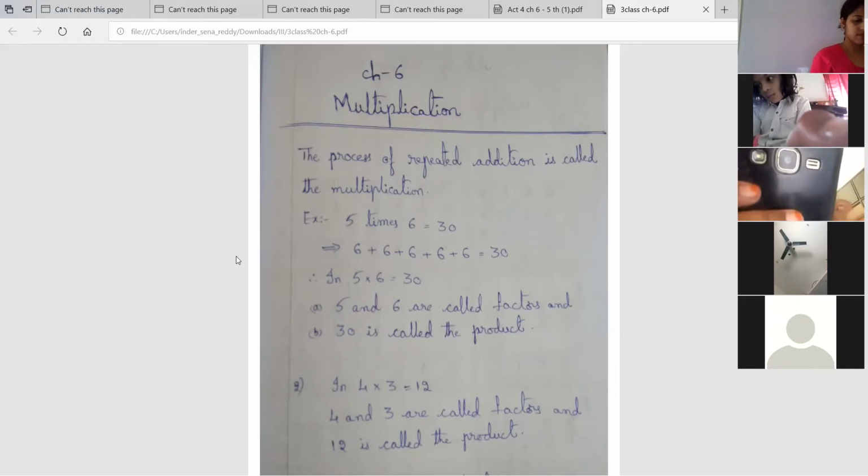Ma'am, for example, we should leave a line. Yeah, leave one line.